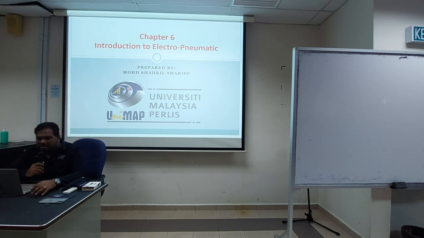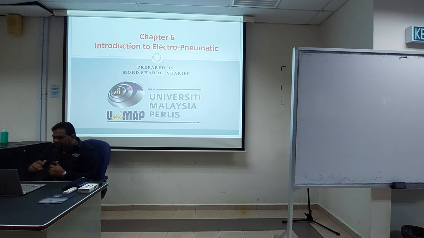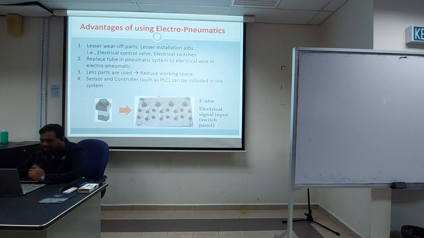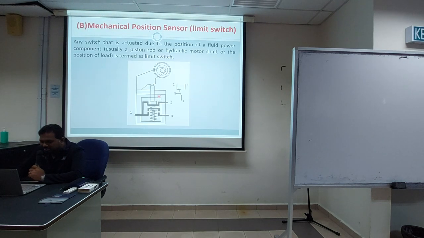Today, the first part we will cover is the discussion on electro-pneumatics. Last week during the lecture we already learned some important parts about electro-pneumatics, and I also gave the assignment. Today we will just glance through the remaining chapters before we go to the discussion questions.